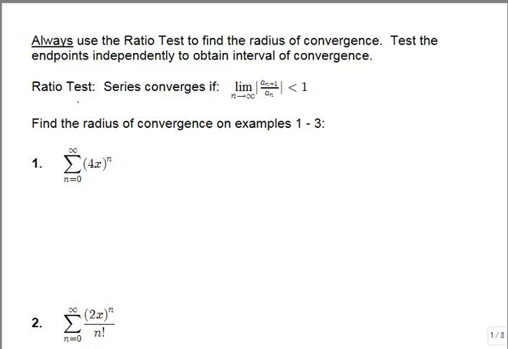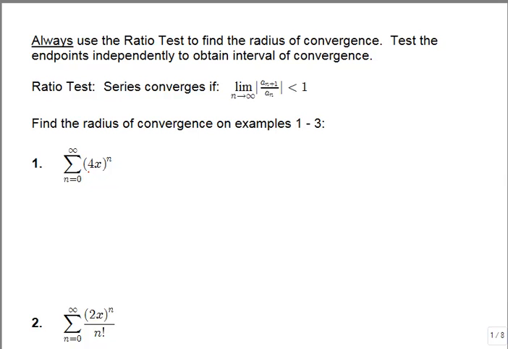Now just as a reminder, what the ratio test tells us is that a series is going to converge if the limit as n goes to infinity of the absolute value of a sub n plus 1 over a sub n is less than 1. So we're going to force this condition, this limit, to be true in order to determine what our radius of convergence is. So let's take a look at our first series.